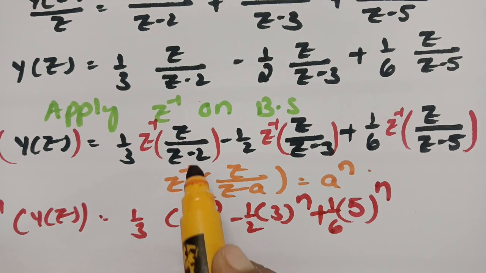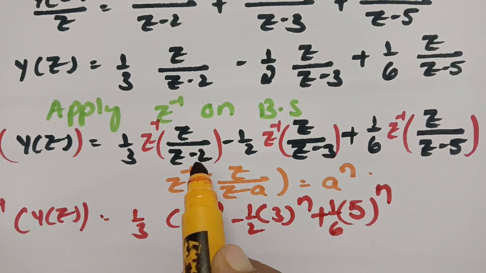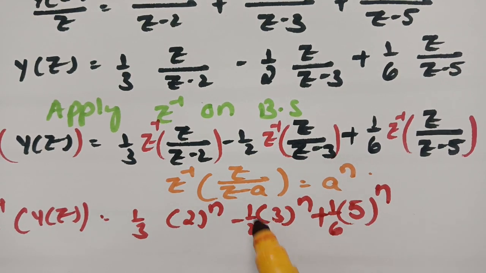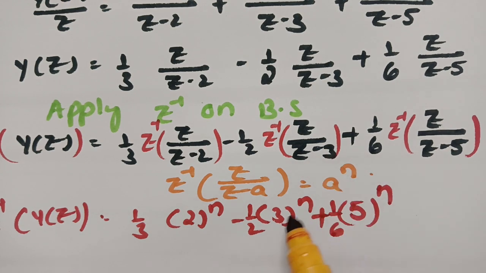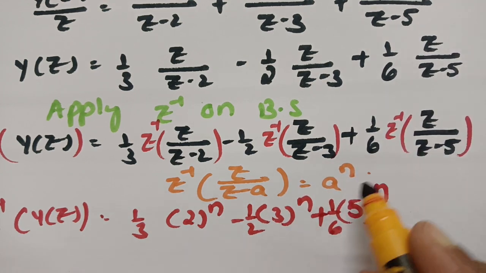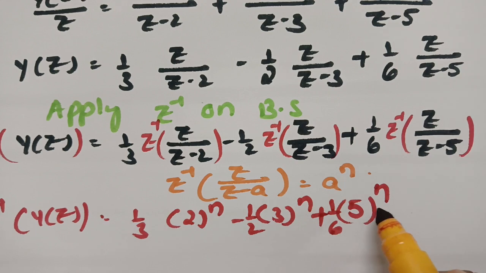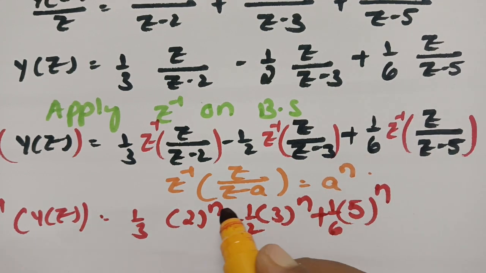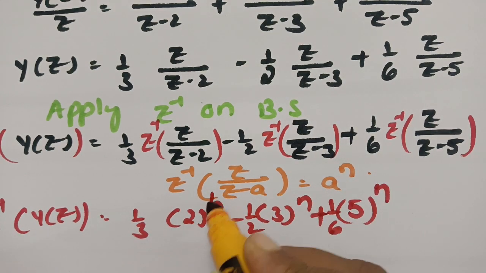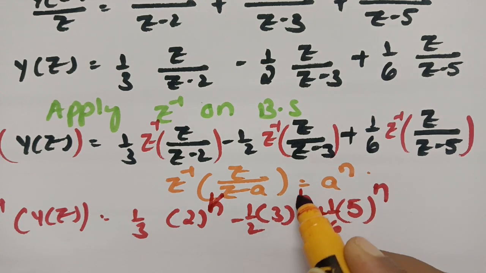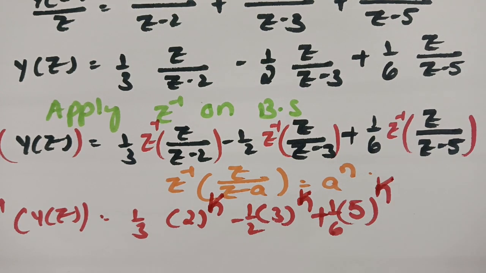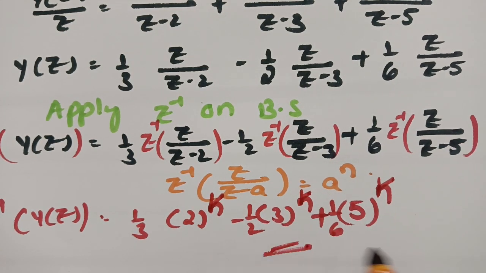Here, 1 by 3 times a power n, in place of a we have 2, and here minus half times 3 power n, and here 1 by 6 times 5 power n. Here the notation in the function in the given question is k, and therefore according to our question I am writing this as k. And this is how we have to solve.